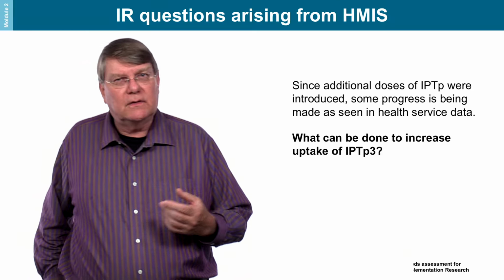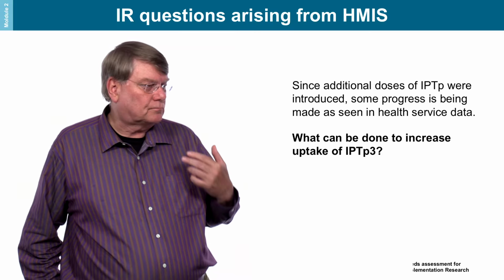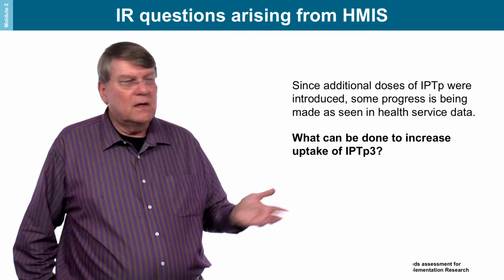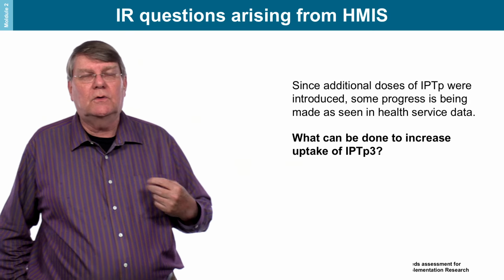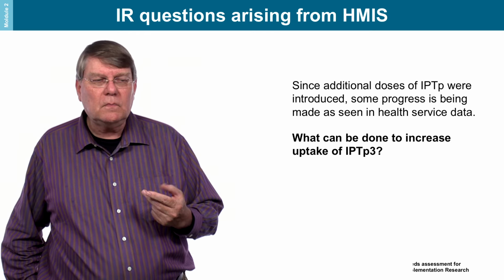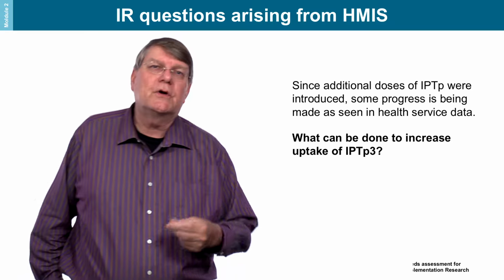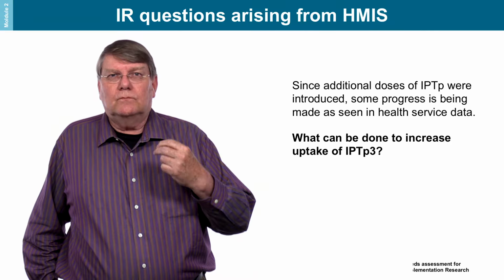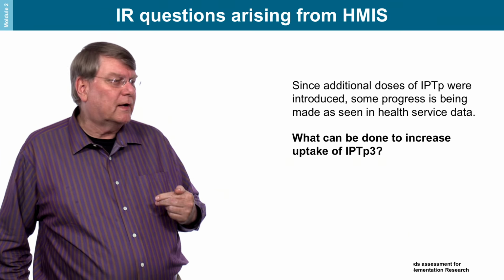We had some data that we talked about before from our health information system, and we showed that while we've increased over the years the number of women who got their second dose of IPT, what has happened is that now that we've introduced 3 or more doses, we have the challenge of living up to that new target.